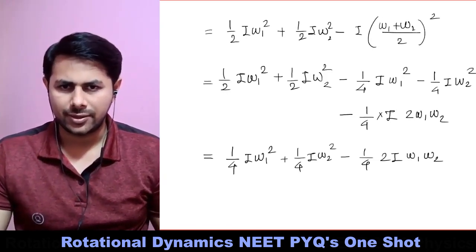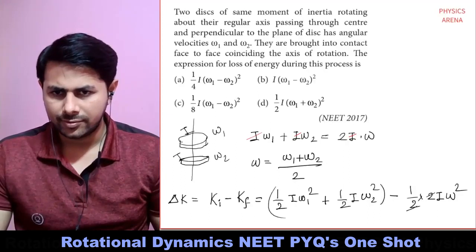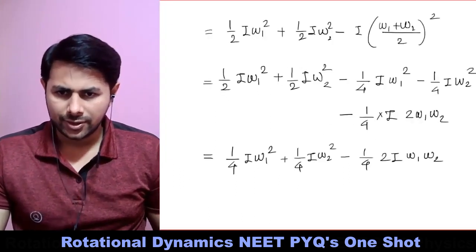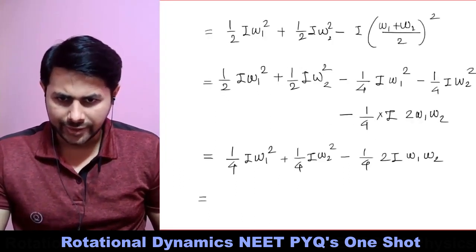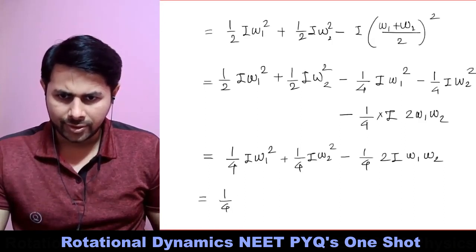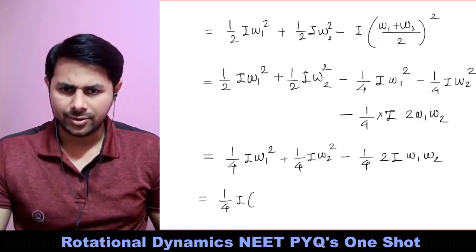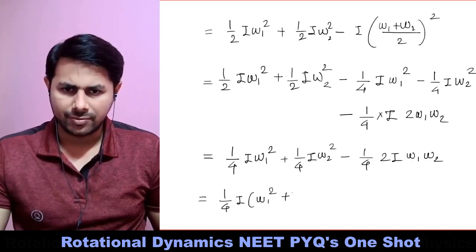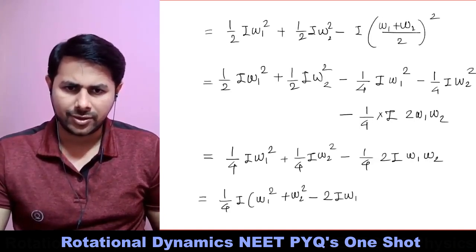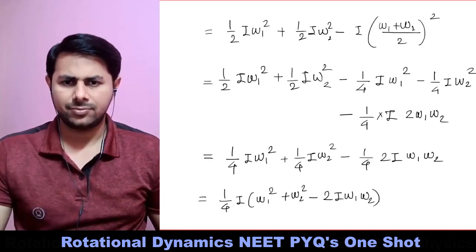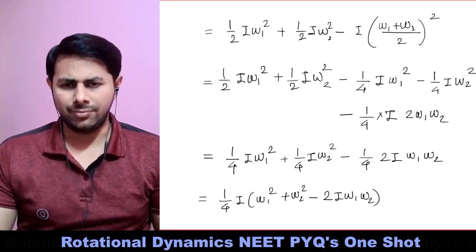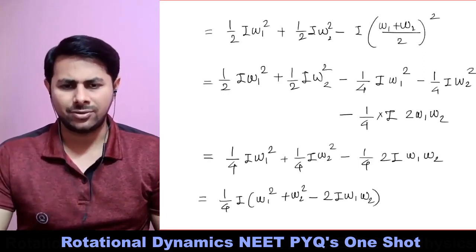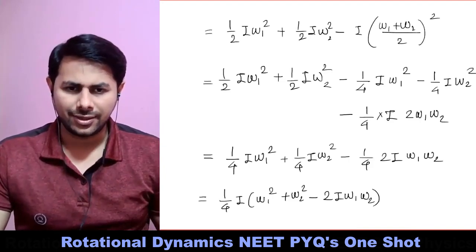You will have that. So you will get 1/4 of I, taking common, omega 1 square plus omega 2 square minus 2 times I omega 1 multiplied by omega 2. So this thing is omega 1 minus omega 2 square, right?